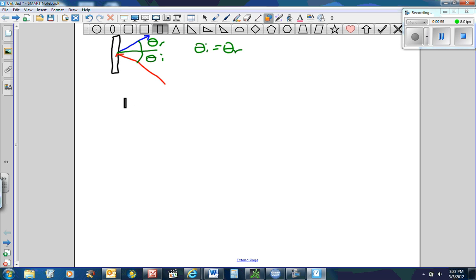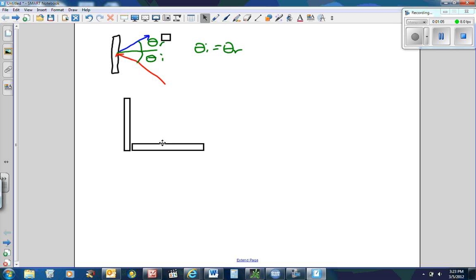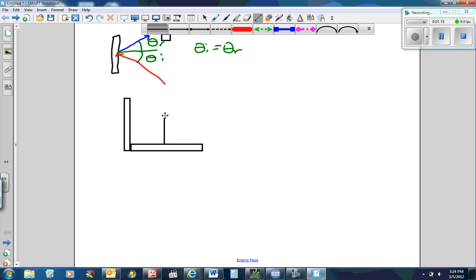So if we had a couple of mirrors, and let's see here if I can make some normal lines on this. So we got a normal line here.